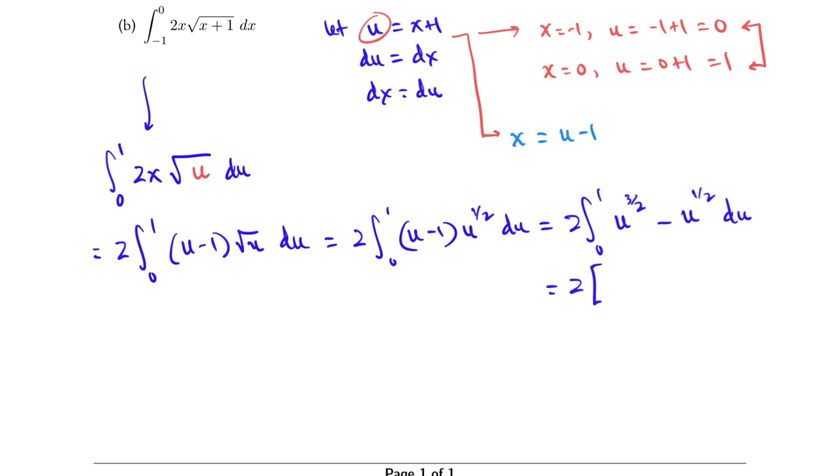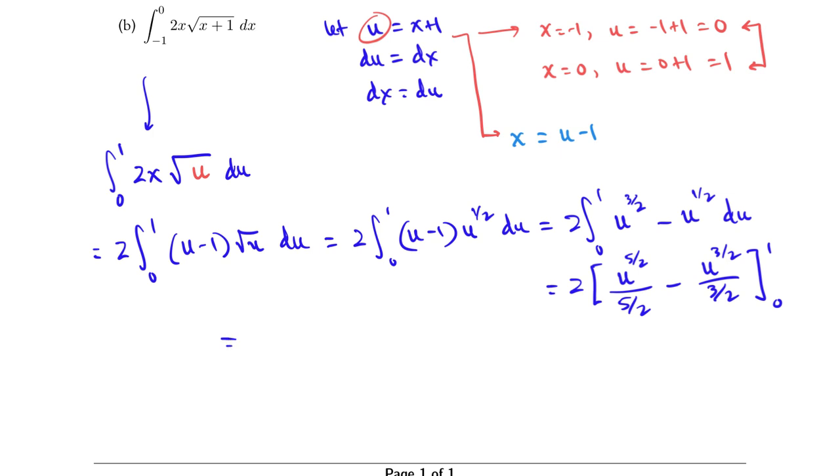Then we find the antiderivative of each of the terms individually. The antiderivative of u to the 3/2 is u to the 5/2, since 3/2 plus 1 is 5/2, over 5 over 2. The antiderivative of u to the 1/2 is u to the 3/2 over 3 over 2. There's no need to do a plus C here because this is a definite integral, but we evaluate from 0 to 1.